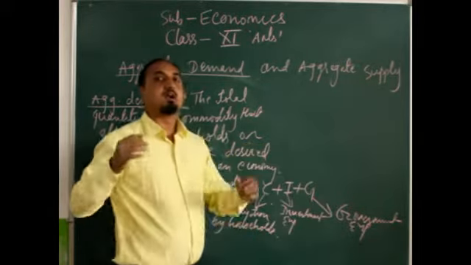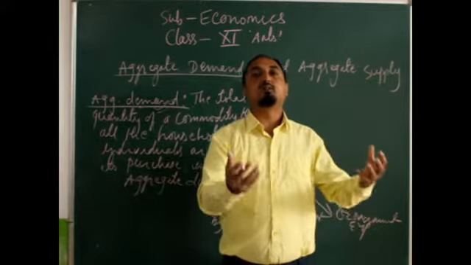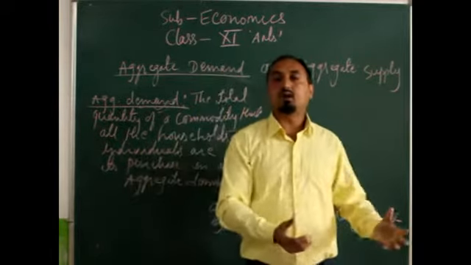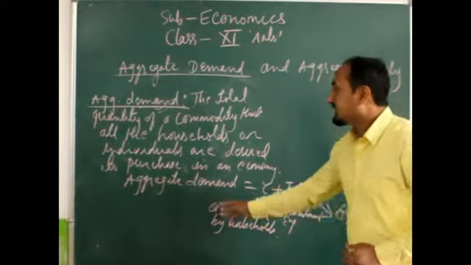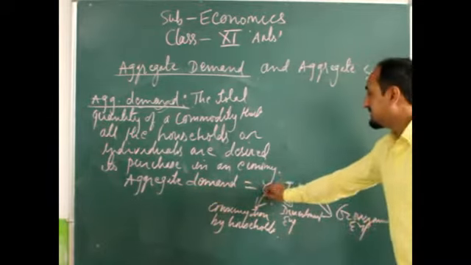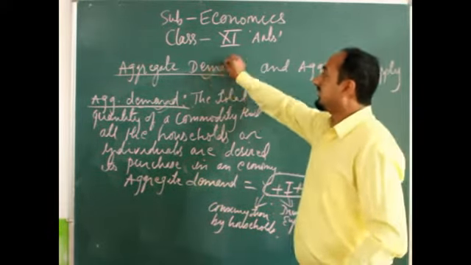When the government is going to perform any function, it needs to purchase various types of raw materials and hire services. So the government is also demanding. So we can say that aggregate demand equals C plus I plus G. This is all about aggregate demand.